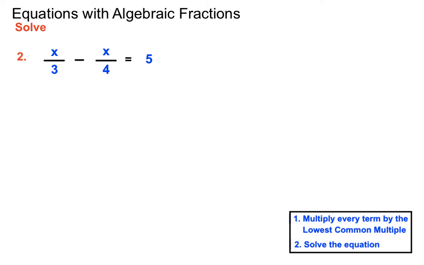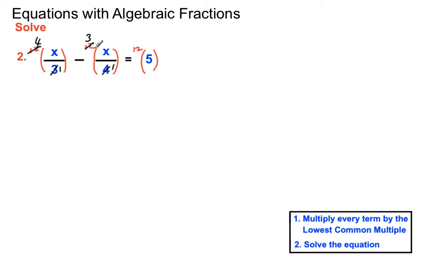Second example, the lowest common multiple of 3 and 4 is 12, so we're going to multiply every term by 12. Even that one on the right there. Then we'll do some cancelling. 3 goes into itself once and into 12 4 times. 4 goes into itself once and into 12 3 times.